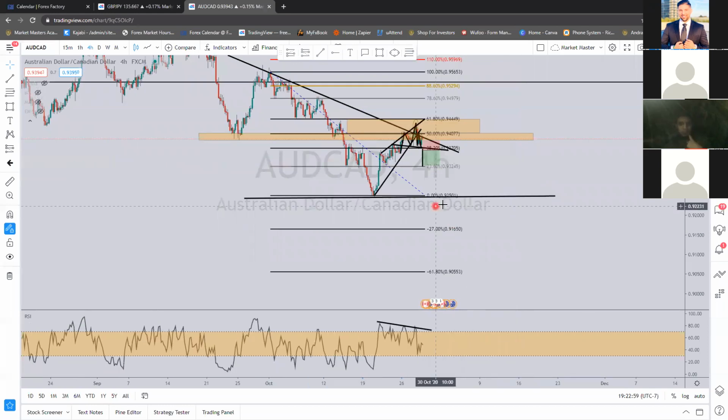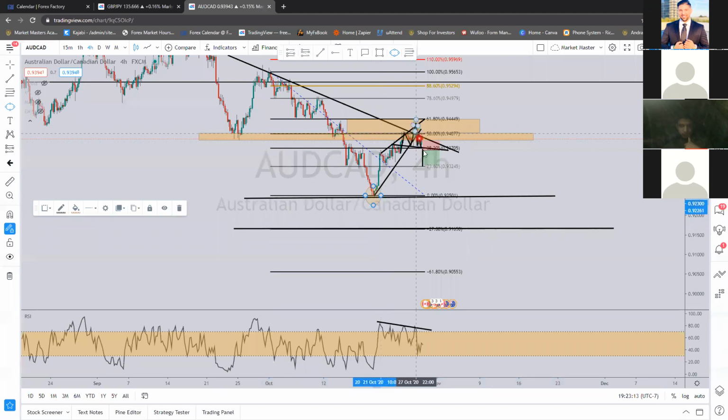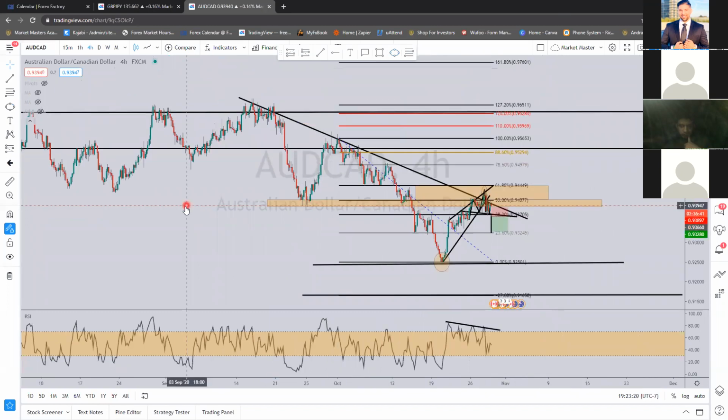So it is expected to drop to the 0-0, and then there's a smaller chance of it going all the way down to negative 27%, just because this is a previous support right here. So it might hit here as support and then bounce off and consolidate through here, and then maybe start its reversal.